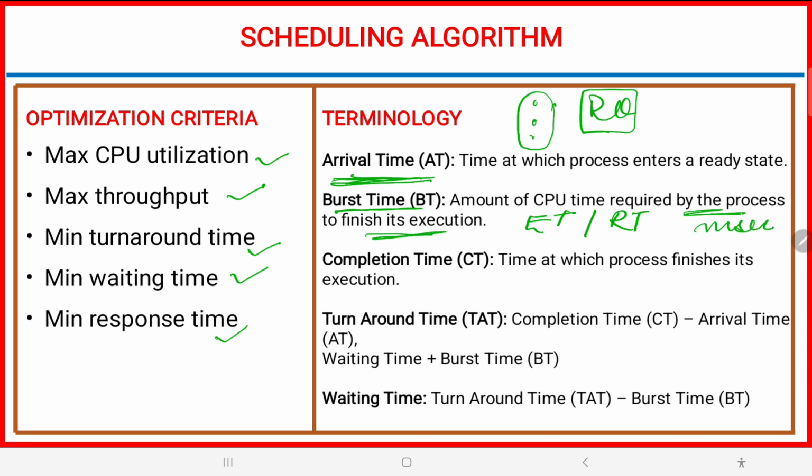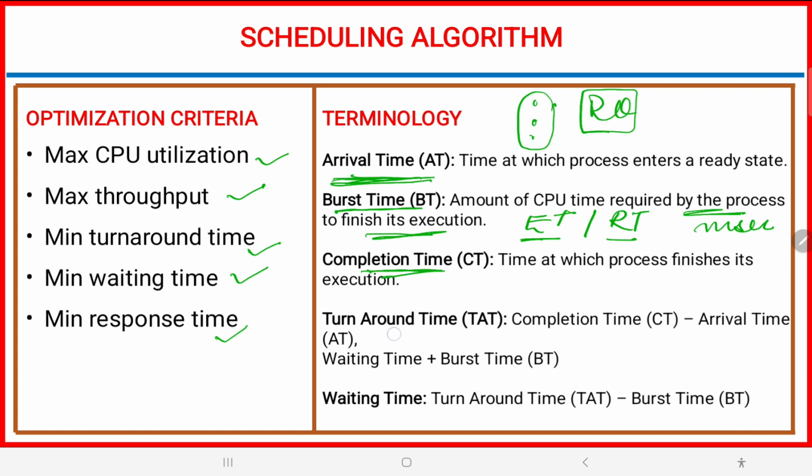Then the next thing is completion time. So it is the time when the process has completed its execution, that is, it will be now in the termination state. The moment it completes the entire task which that process was supposed to do, that moment is basically referred to as a completion time.